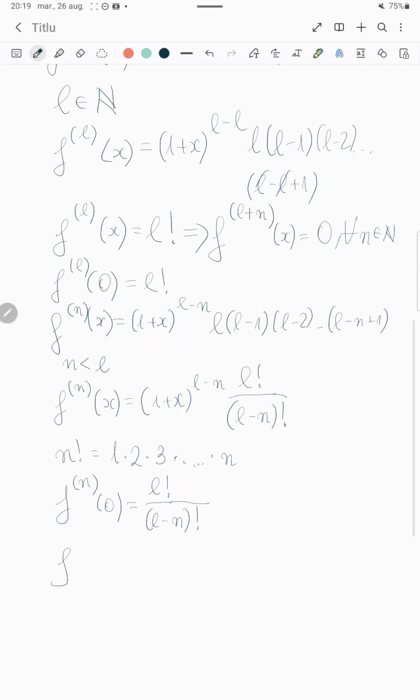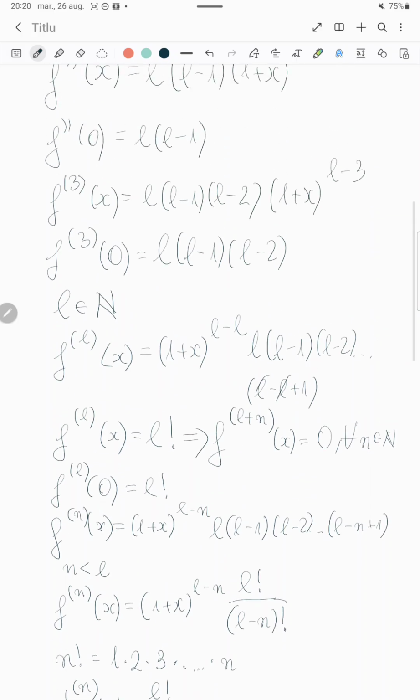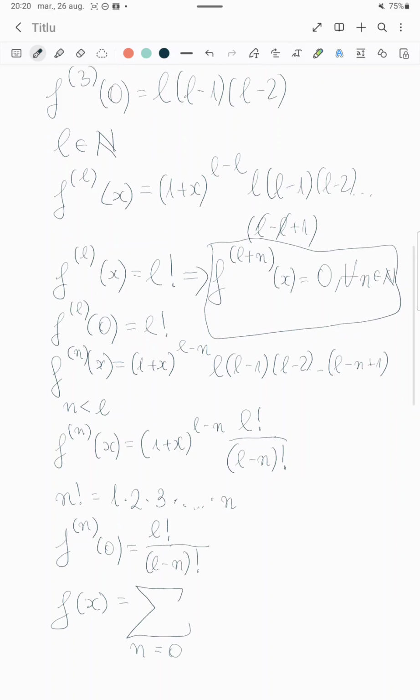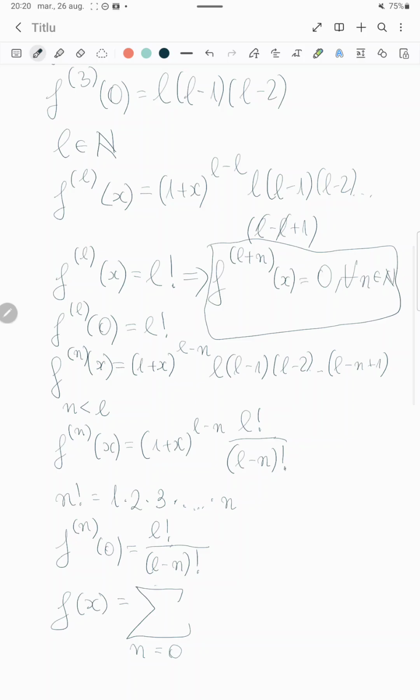And now we can finally write the function f of x as the sum from n equals 0 to infinity, but attention please, since we have this relationship, we will not need to go further than the value L. So therefore, we will have only L. Why?